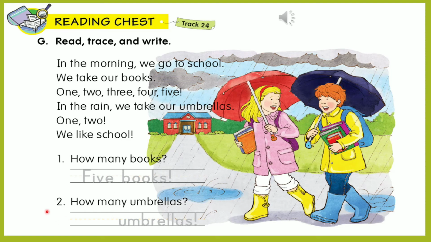And we move on to question 2. How many umbrellas? Question 2 wants to find out the number of umbrellas. Well, let's go back to our passage and find out. In the rain, we take our umbrellas. 1, 2.